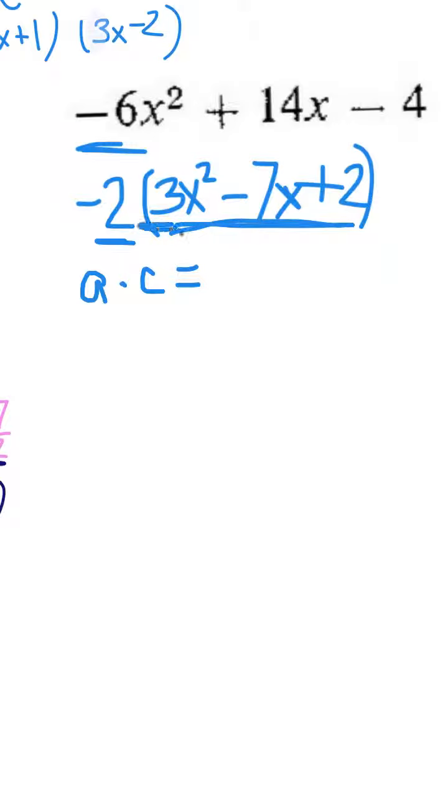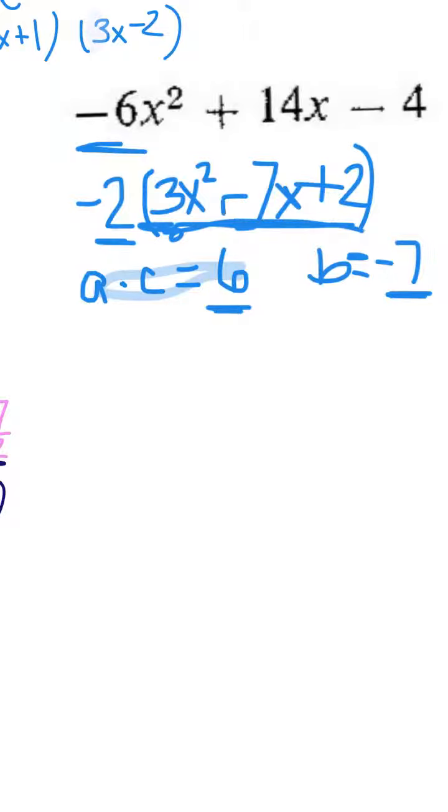So now our a is 3, b is negative 7, c is 2. A times c is 6, b is negative 7. And whenever b has a bigger absolute value than the product of a and c, then it's probably because the two factors are going to be the product of AC and 1.